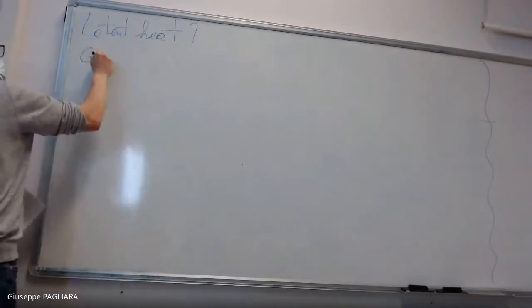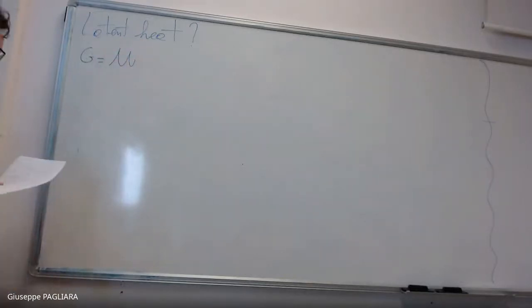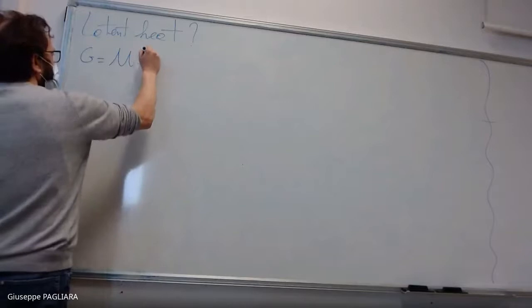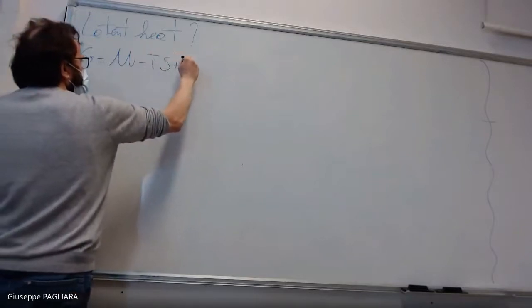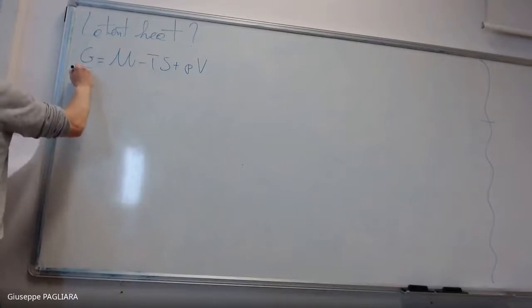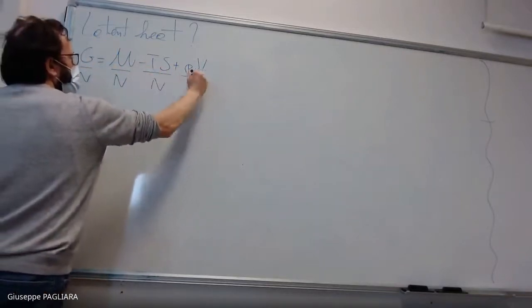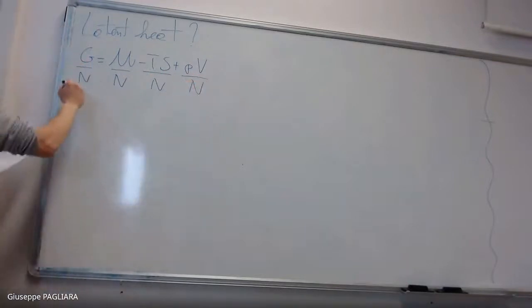So let's consider again the Gibbs potential. G is equal to A plus PV, which is also U minus TS plus PV, and divide by N. This is the chemical potential now.